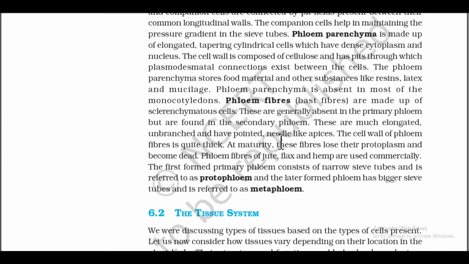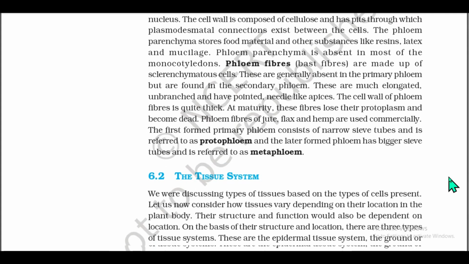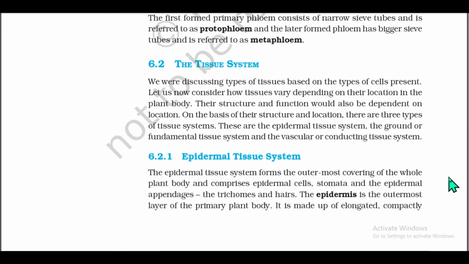At maturity, these fibers lose their protoplasm and become dead. Phloem fibers of jute, flax and hemp are used commercially. The first formed primary phloem consists of narrow sieve tubes and is referred to as protophloem, and the later formed phloem has bigger sieve tubes and is referred to as metaphloem.